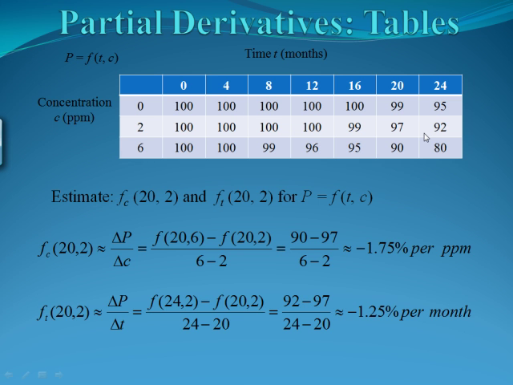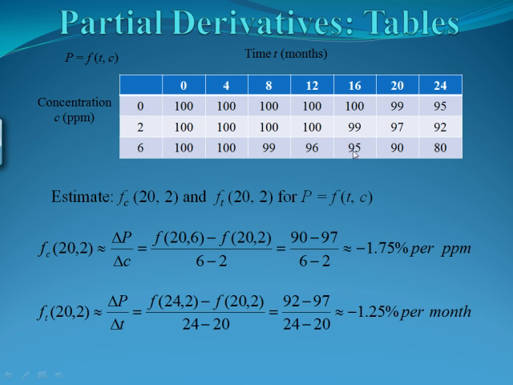So similarly, we want to find out what's going on at 20, so we use the next value up to help us estimate. So here the next value up is 24. So we're going to be using this 97 and this 92 because this row is fixed here. So the change in percentage, we're going to do f(24, 2) minus f(20, 2).